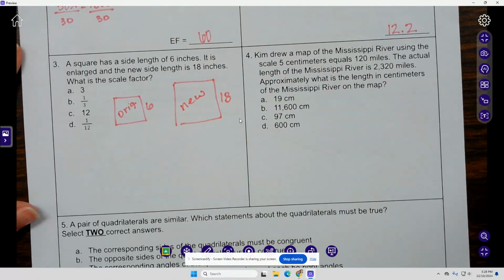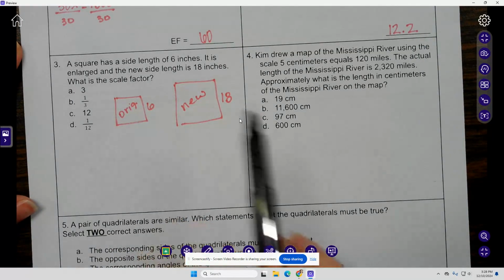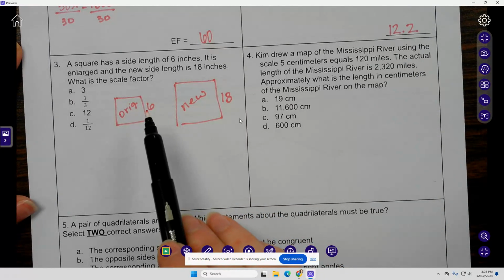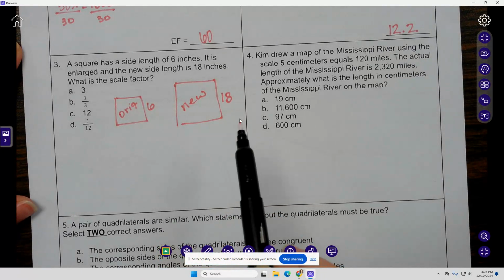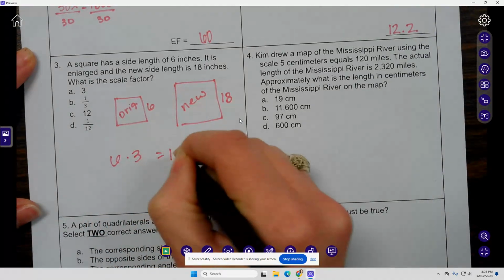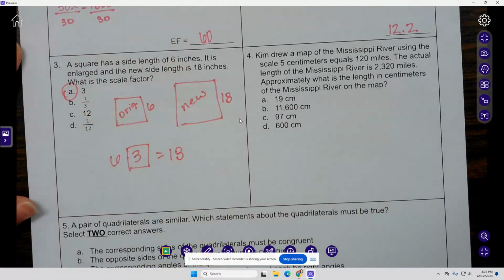What it's asking is, what do you do to 6 on the original square to get to 18 on the new square? We can see that 6 times 3 is 18. So my scale factor is 3.